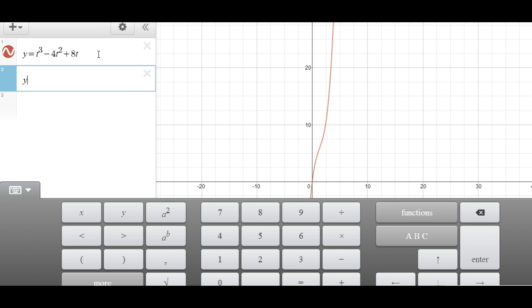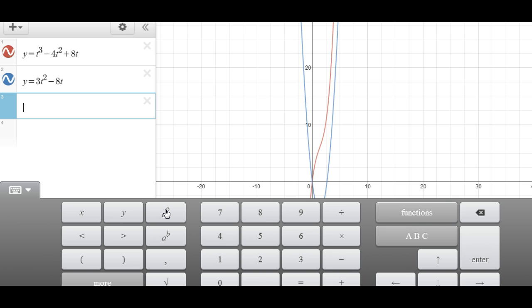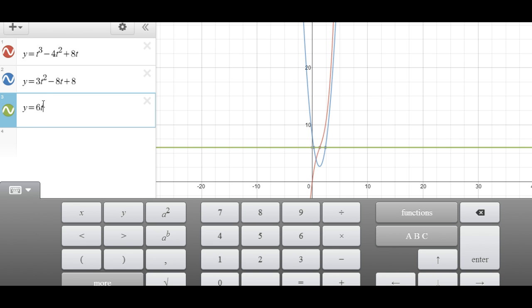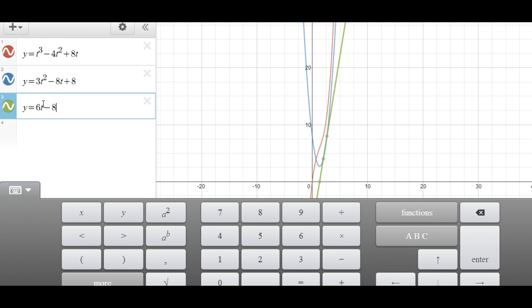And then we've got the derivative, so that's 3t squared minus 8t. And then we've got the second derivative, 6t minus 8.